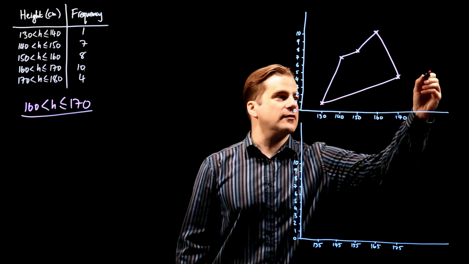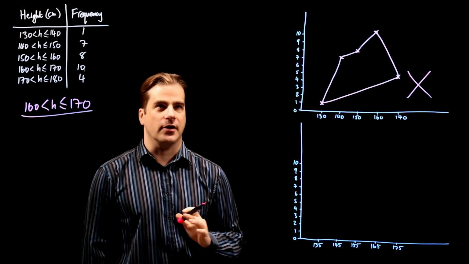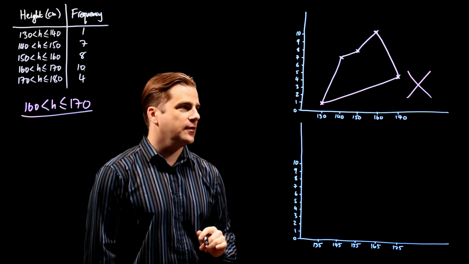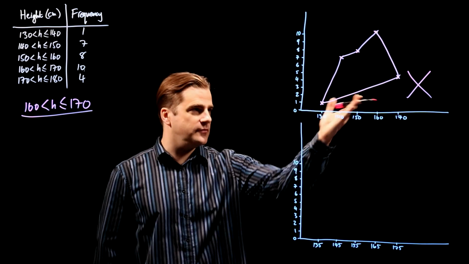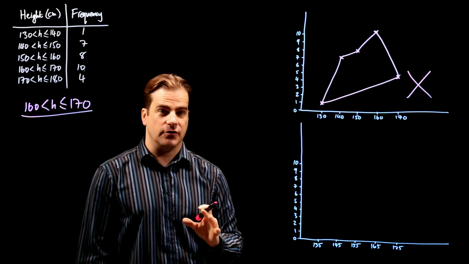So the correct frequency polygon should be, well, we've answered the question. We've said what the two things are that are wrong with it, but I'm just going to show you how it should have been done.